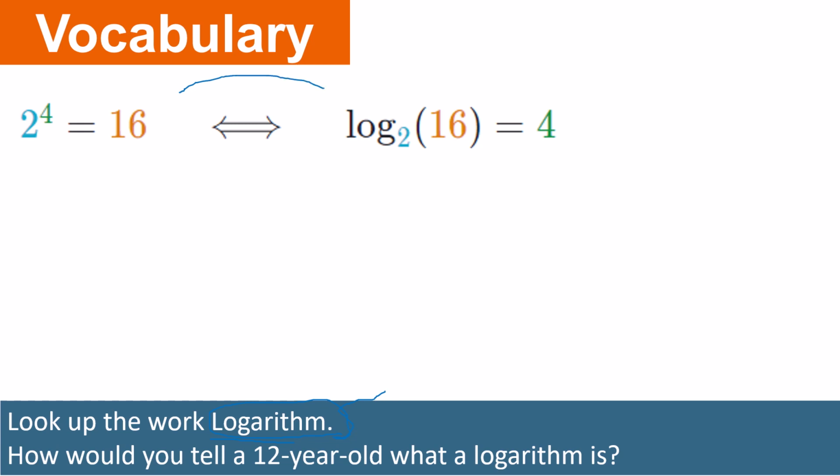So these are inverses of each other. This is written as, I'm going to start with the base, 2. 2 to the 4th power is equal to 16. So I'm kind of going in a clockwise order. 2 to the 4th power is 2 times 2 times 2 times 2, which is equal to 16.